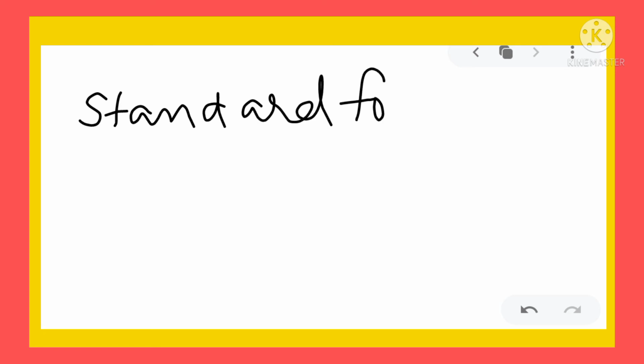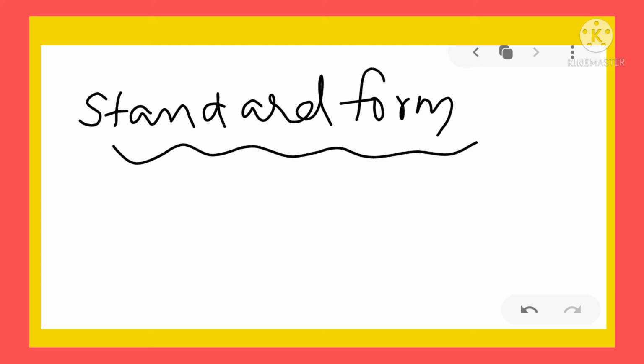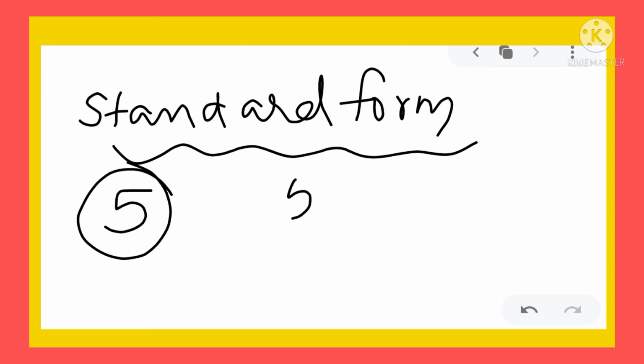Then the last topic in this chapter, that is standard form of a number. Standard form. We know 5 is a number. Okay, but 50 is not in the standard form.